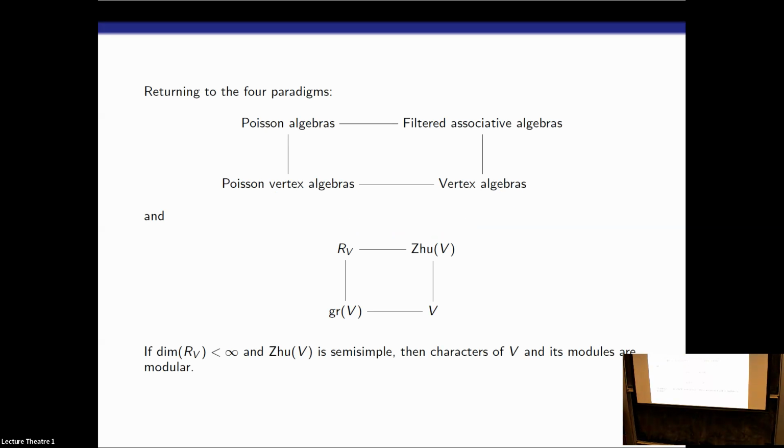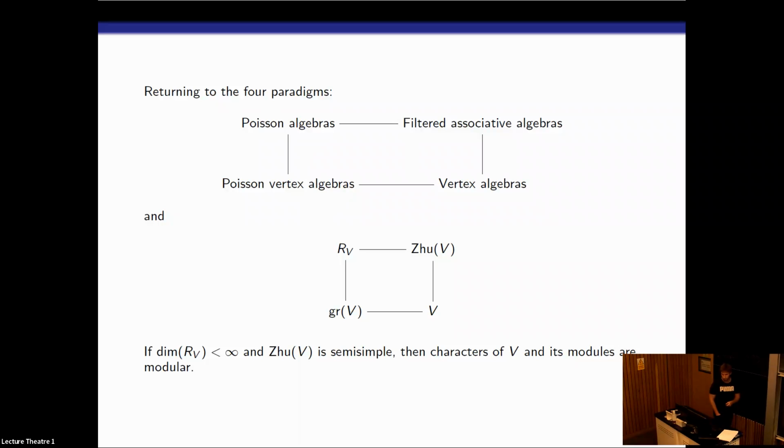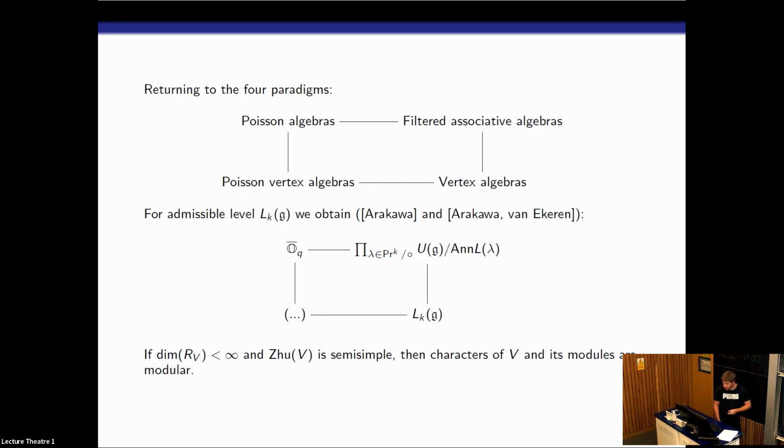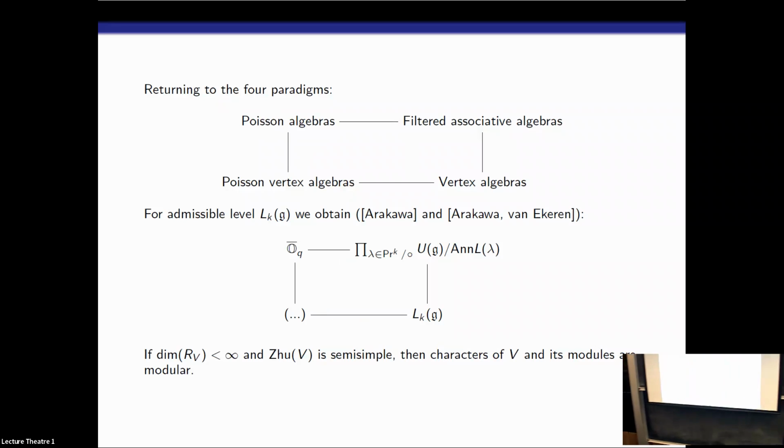Okay, so returning to these four paradigms. Associated to a vertex algebra V, we have this Poisson algebra R_V and this Zhu associative algebra Zhu of V. The first result I want to state is what these are in the case of L_K of G, simple affine at admissible level.